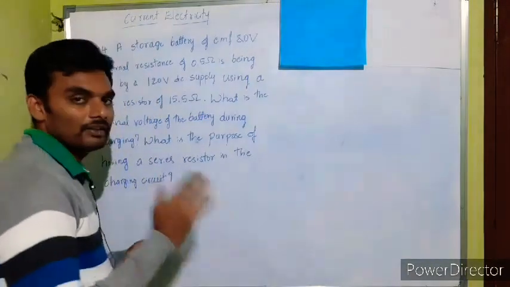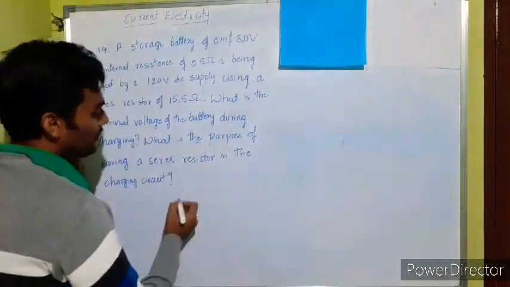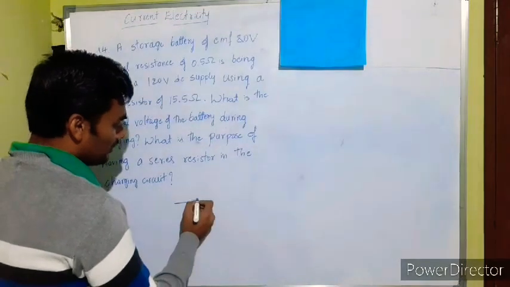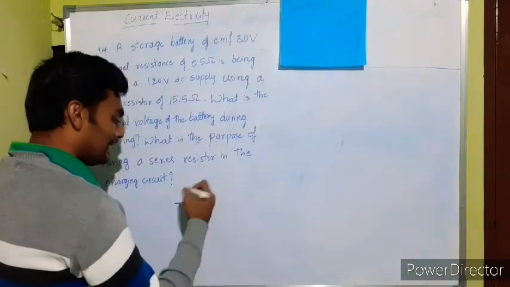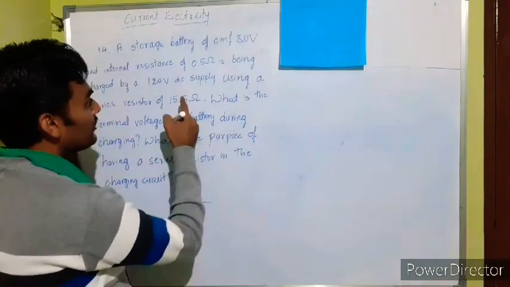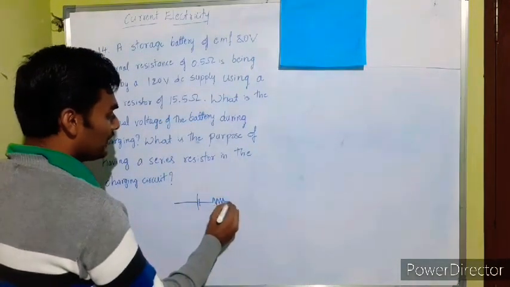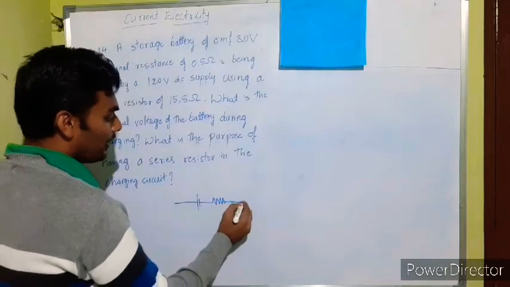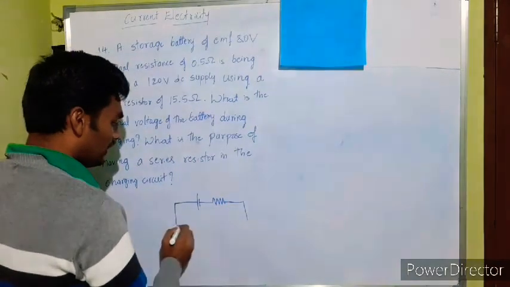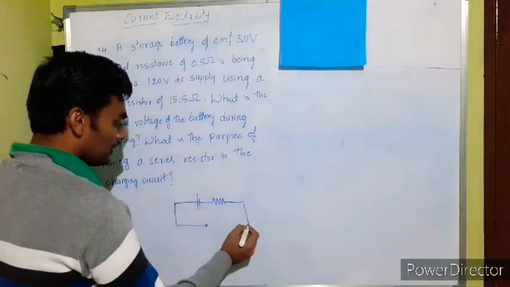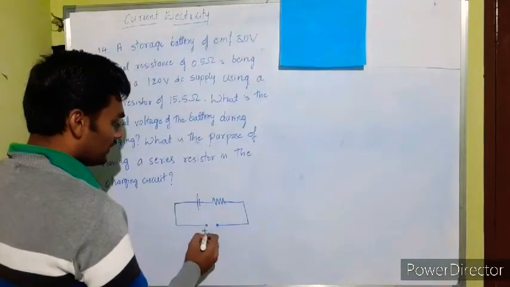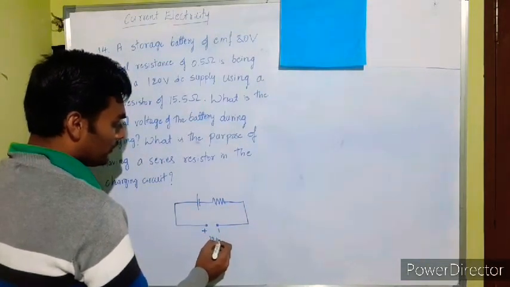Right, let me draw the circuit first. Okay, how does the circuit look like? Here we have a battery getting charged, and this battery has another resistor in series with it. Okay, and both of them are connected to external supply of 120 volt.